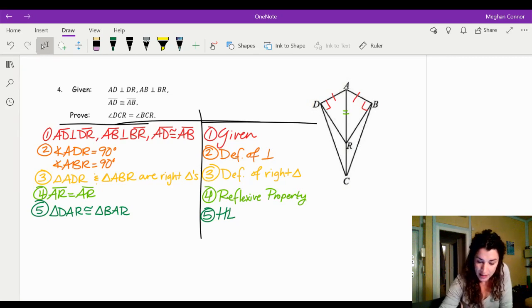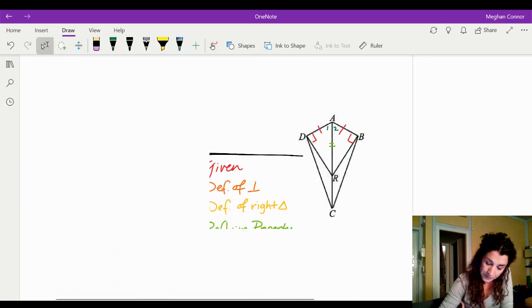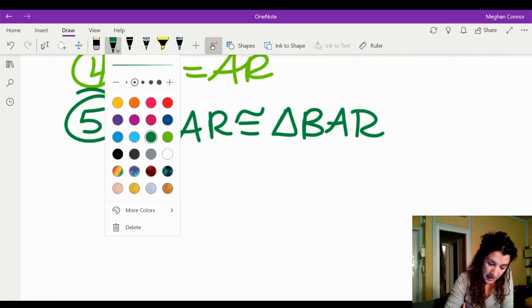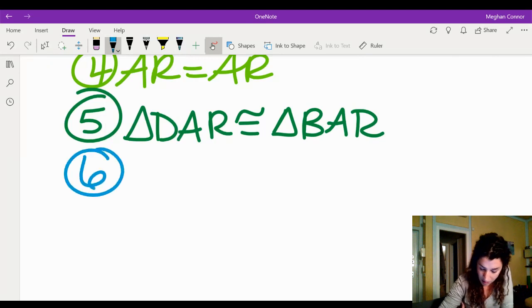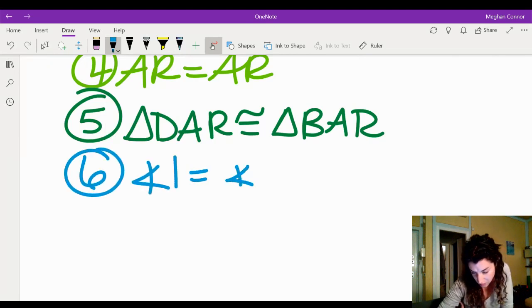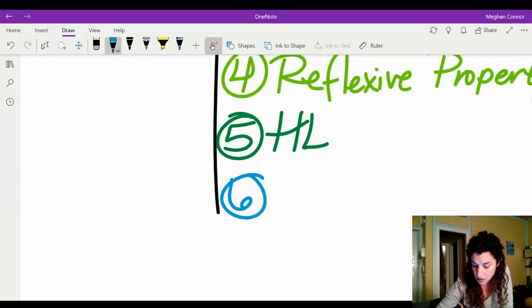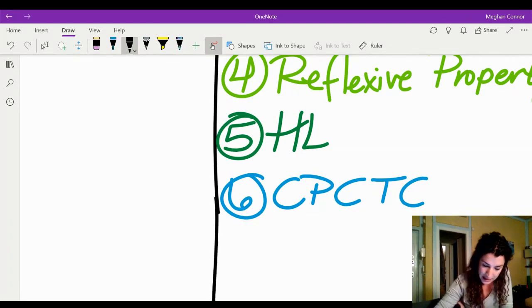So I'm going to go up here and label those angles 1 and 2 and say that they are equal to each other. So I could then prove that the triangles are equal. This is because I just proved that two triangles are equal. Almost always, immediately after proving two triangles to be equal, you're going to say CPCTC.